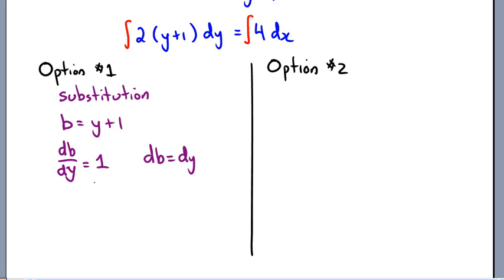And you then rewrite the question. You say, oh, well, this is now on the left 2b db. That's actually going to be pretty easy to do. And then over here on the right-hand side, we've got this integral of 4 dx.